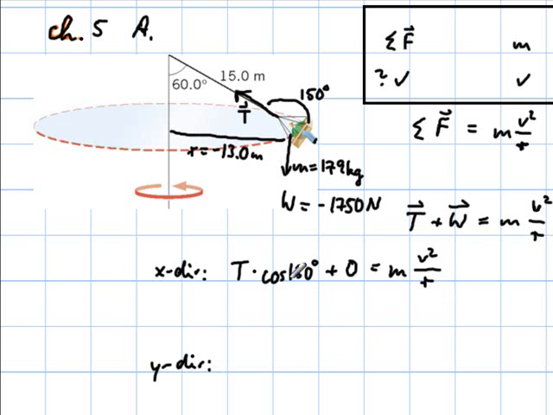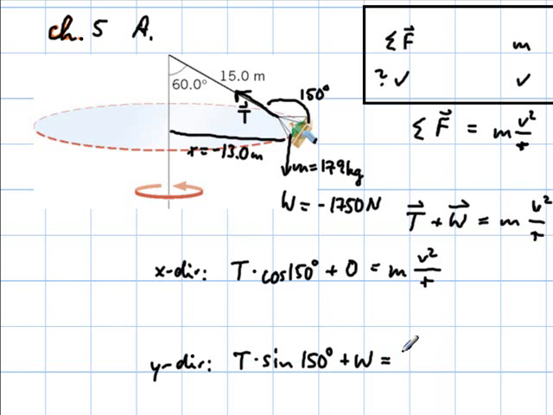Again, this one is negative and this one is negative, so that makes sense. In the y direction, we have tension times the sine of 150 degrees plus the weight.